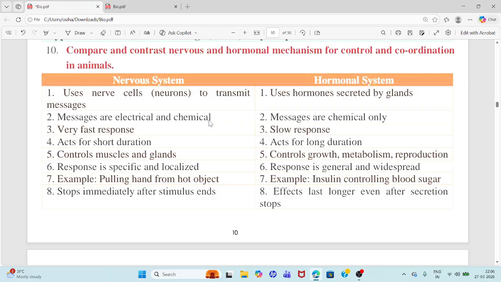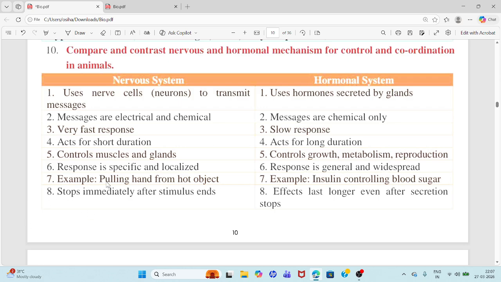Messages are electrical and chemical; here, chemical only. Very fast response; here, slow response. Acts for short duration; here, acts for long duration. Controls muscles and glands; here, controls growth, metabolism, reproduction. Response is specific and localized; here, response is general and widespread.